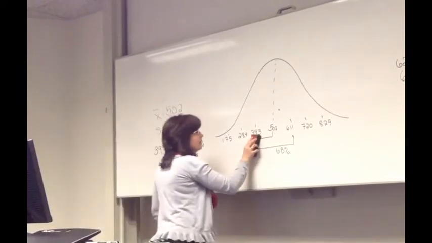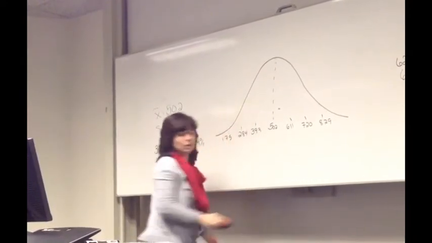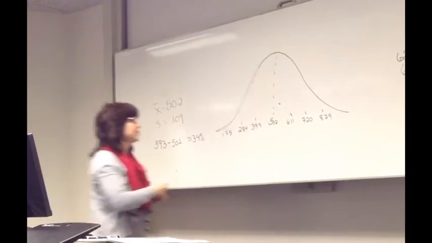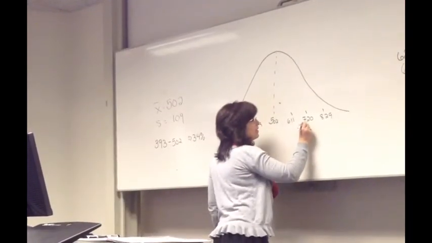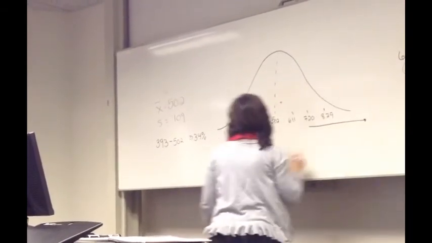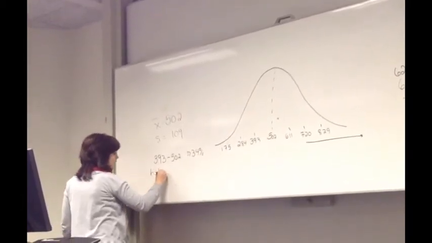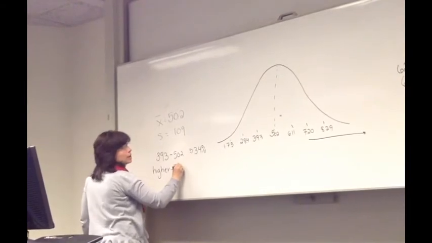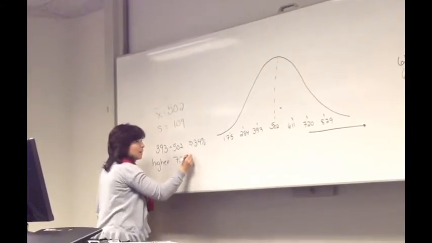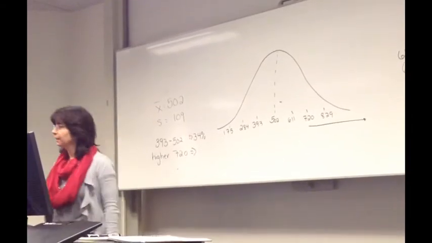Now the next one is a little bit more difficult, and there are 2 different ways we could do this problem. The question says, what percentage of students scored higher than 720? Okay?